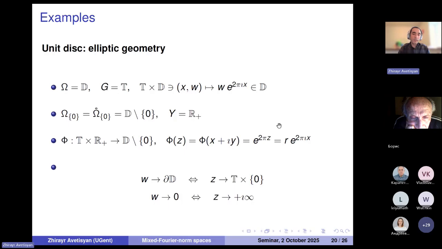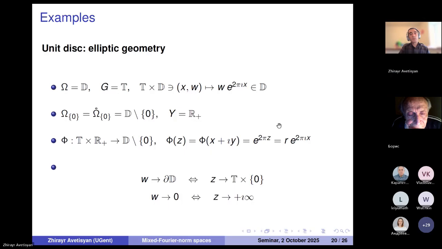If you think of the model space as a half cylinder, a half-infinite cylinder, beginning from 0 and going to plus infinity in its axial direction, then approaching the unit circle, the boundary of the unit disk, in the translated realm means approaching this 0, one end of the cylinder, this cutting part of the cylinder.